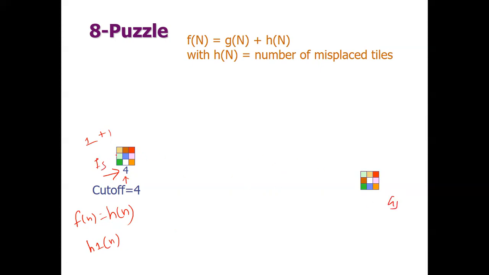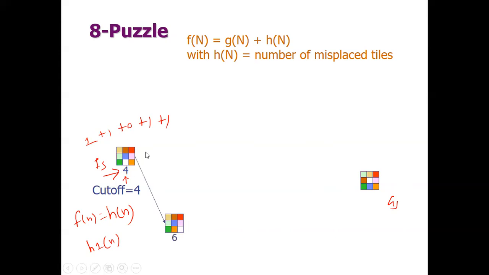Is this yellow tile misplaced? Yes. Is this brown tile misplaced? Yes. Is this red misplaced? No. Is this light green misplaced? Yes. Is this blue misplaced? Yes. Is this rose misplaced? No. Is the orange misplaced? No. Is the green misplaced? No. This is an empty location. So how many tiles were misplaced? 4. That is how we got this 4.